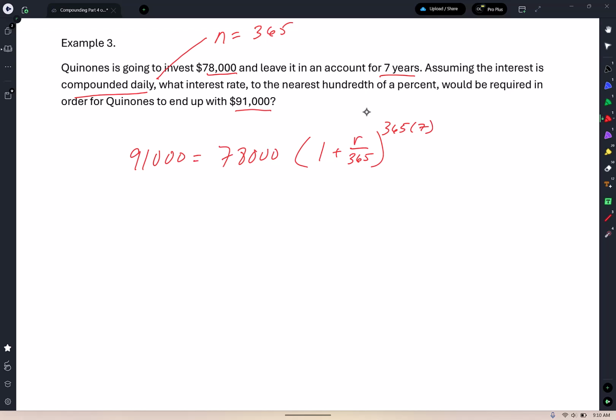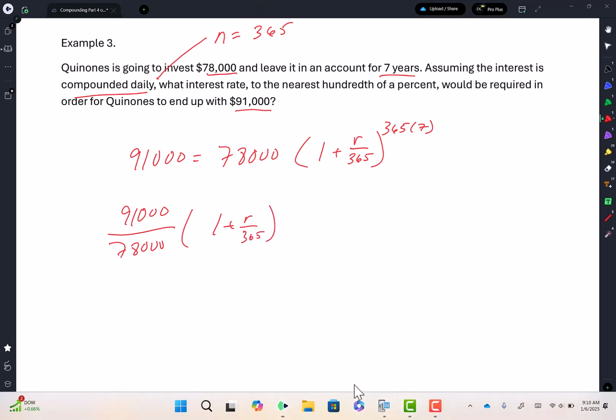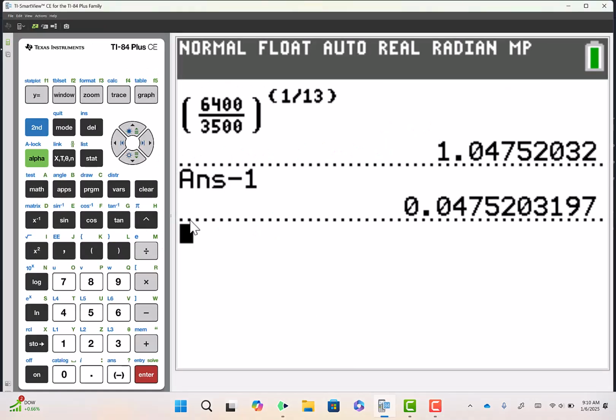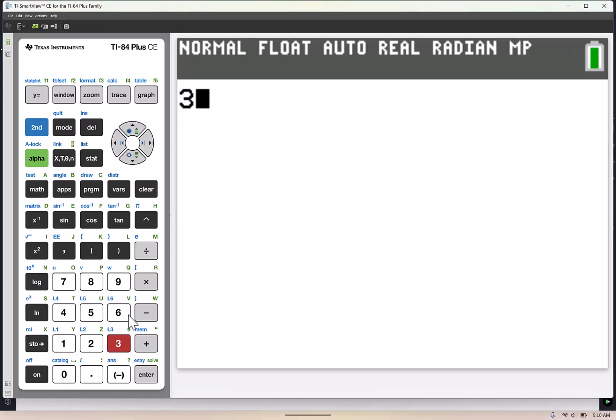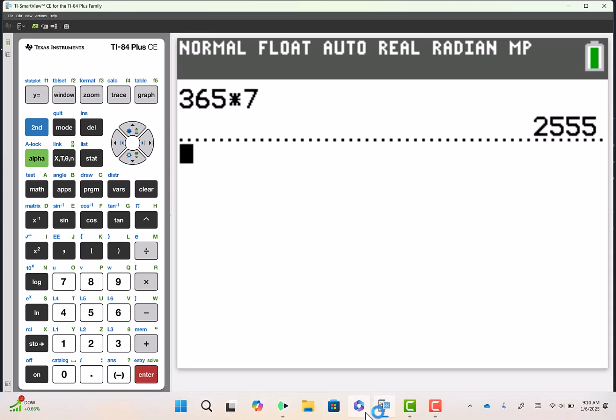I'm going to divide: 91,000 divided by 78,000 equals (1 plus r over 365) raised to the power, let's see what 365 times 7 is. 2555.